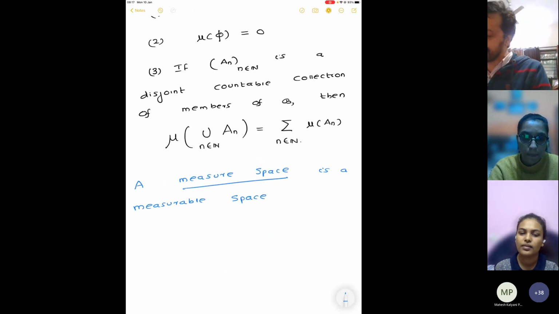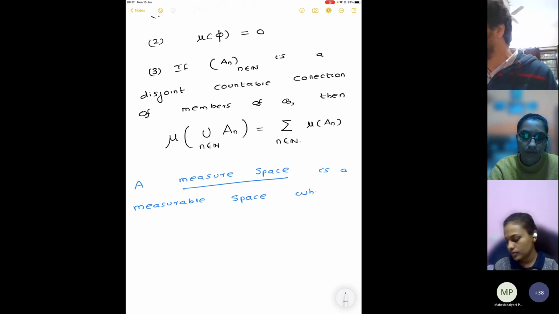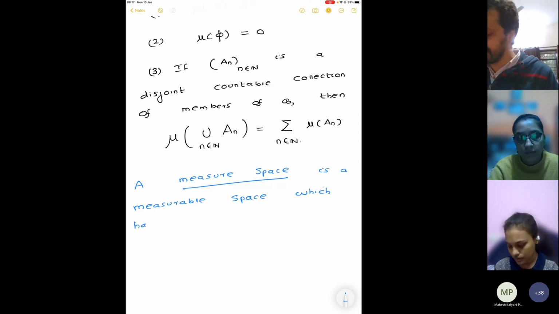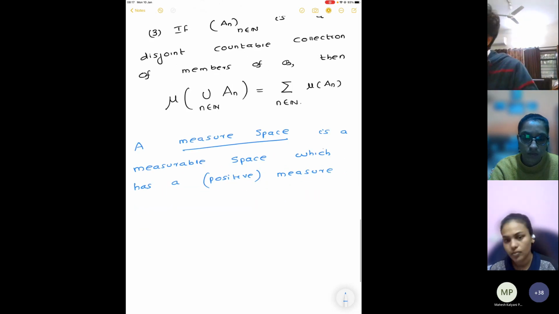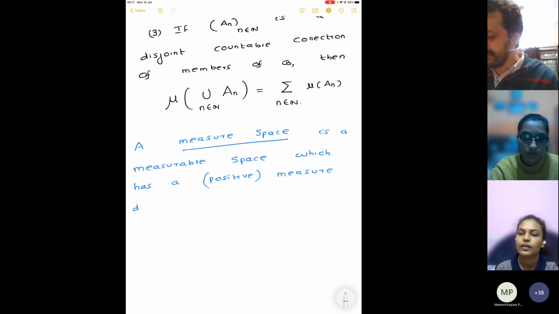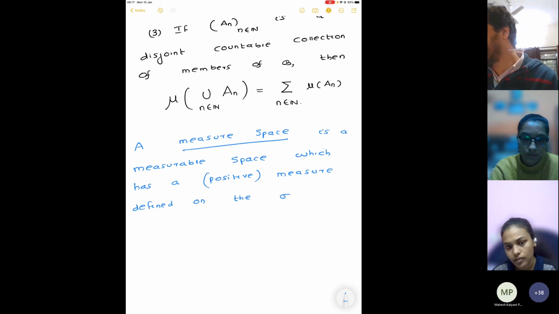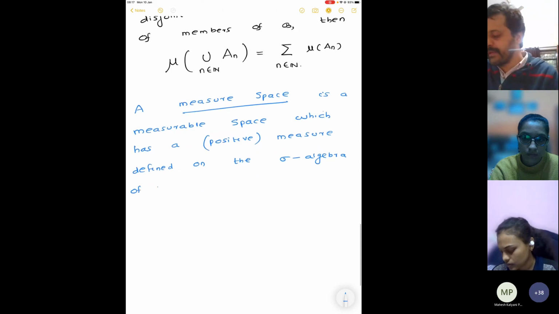Let me put it in precise language. A measure space is a measurable space which has a positive measure. I will not add positive every time; until I mention otherwise, by measure I mean only a positive measure defined on the sigma algebra of its measurable sets.